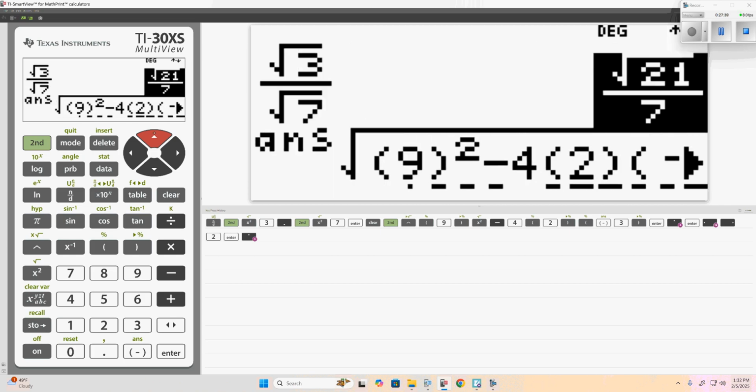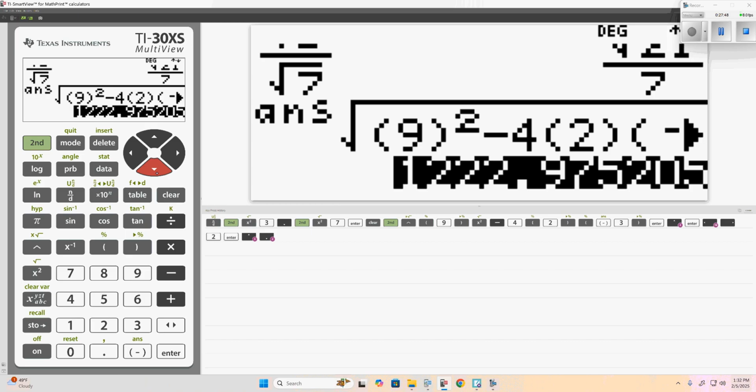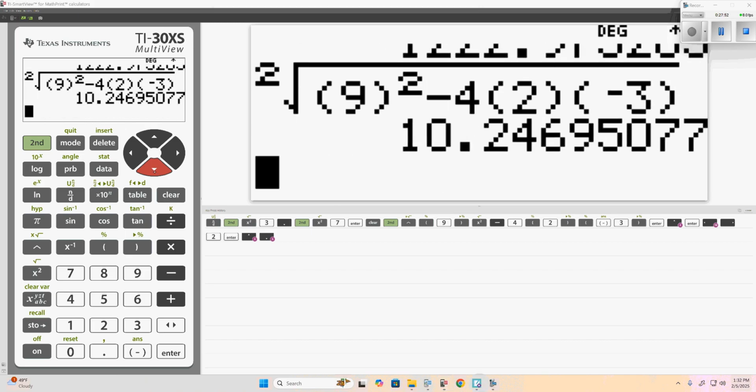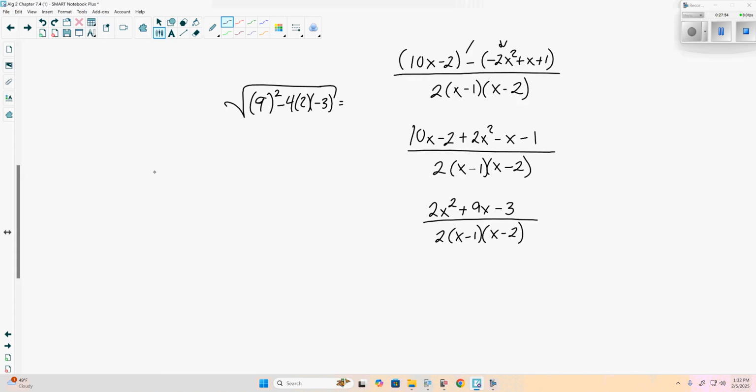What it gave us the first time was the square root of 21 over 7. It means that the numerator is not factorable. That is as far as it goes.